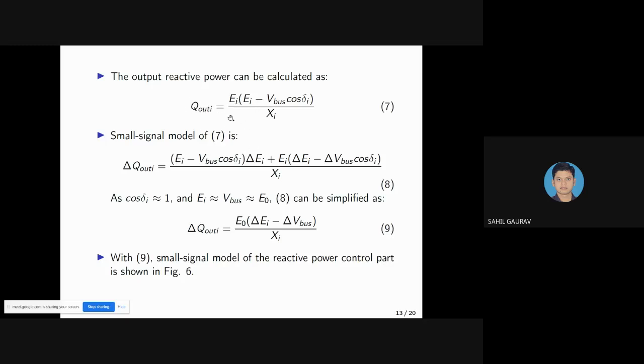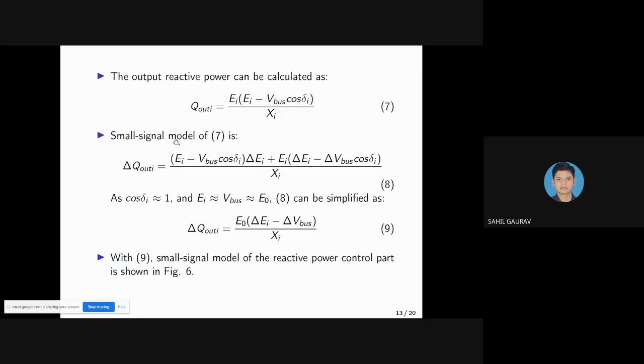Ei is the output of the inverter, V bus is the voltage at the bus or PCC, and Xi is the inductance between the inverter and the PCC bus, which is approximately equal to the reactance of the filter plus the reactance of the line.